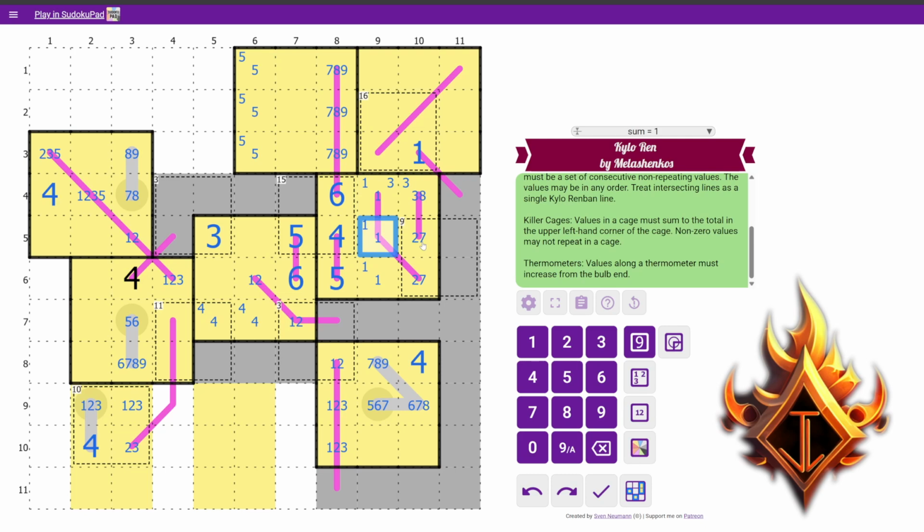I'll just leave that like that, I guess. 3. Okay, but it does give me that this is not a 3. That one still could be 1, 2, no. So this one is not 7.